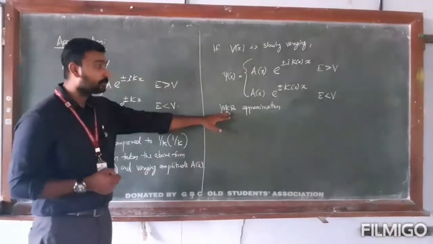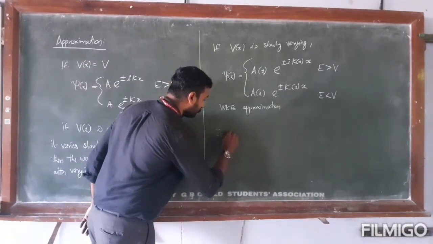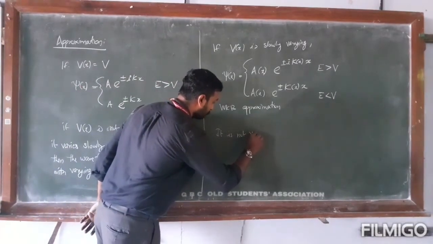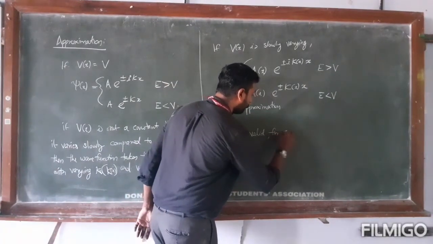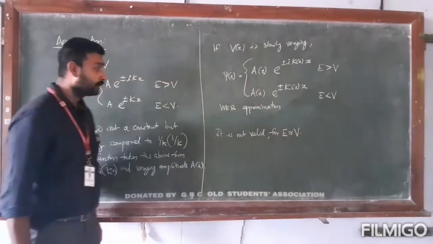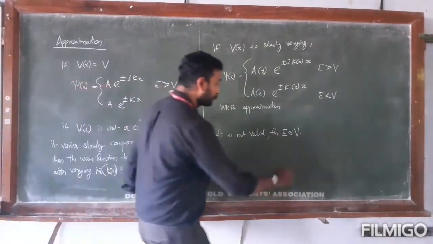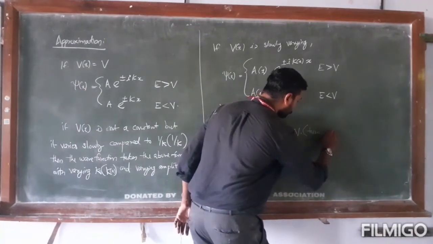Now this approximation is not valid if the energy is approximately equal to V. So in order to understand this problem, such points are called turning points.